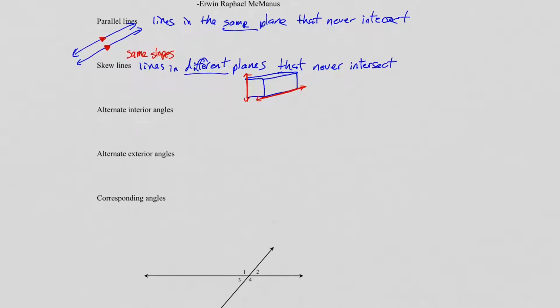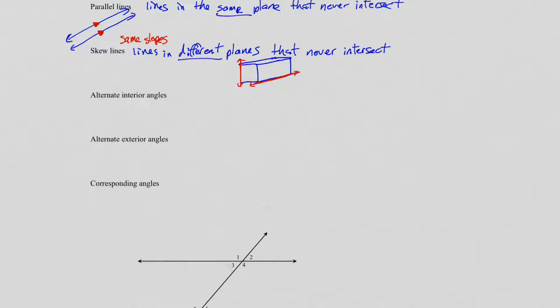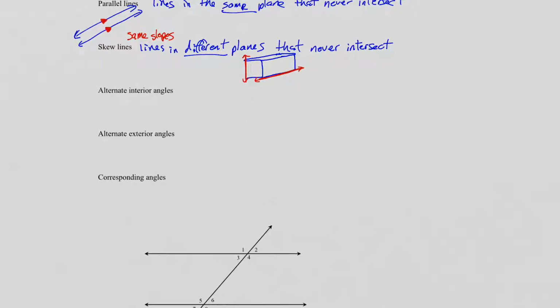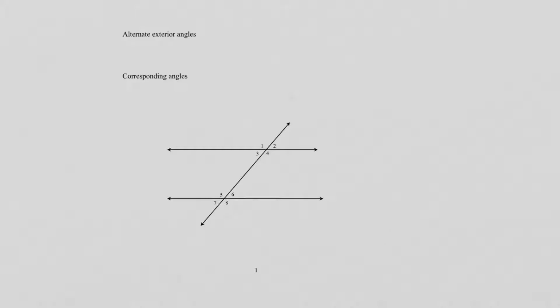Let's talk about alternate interior, alternate exterior angles, and corresponding angles. So now we're going to switch over to, okay, what happens if I take the parallel lines and I draw what's called a transversal?